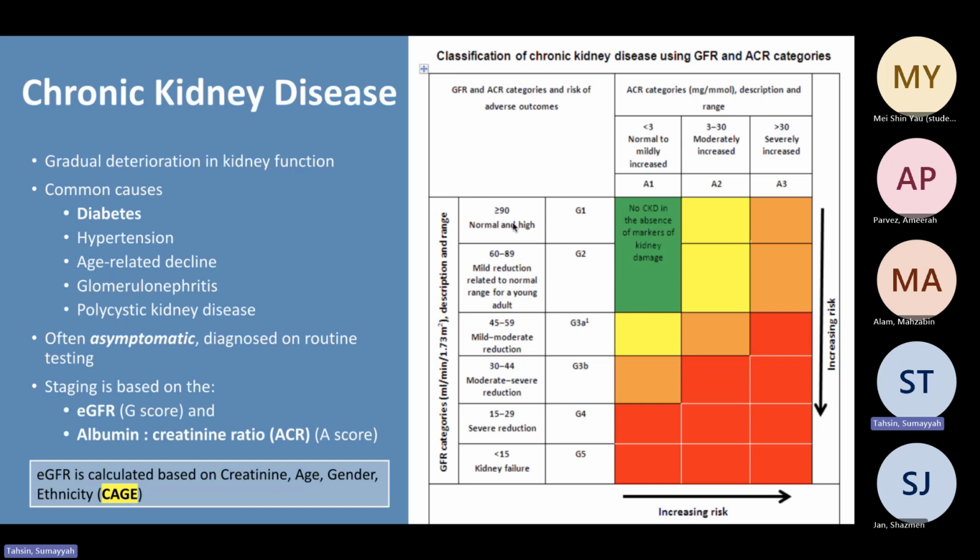However, someone can have an eGFR of more than 90, but because they have albumin in their urine, they would be regarded as having chronic kidney disease, whereas someone who has an eGFR of 70 with no albumin would not have chronic kidney disease. So you can't just say that just because someone's eGFR is more than 90, they automatically don't have kidney disease, because you'd also need to look at the albumin-creatinine ratio.